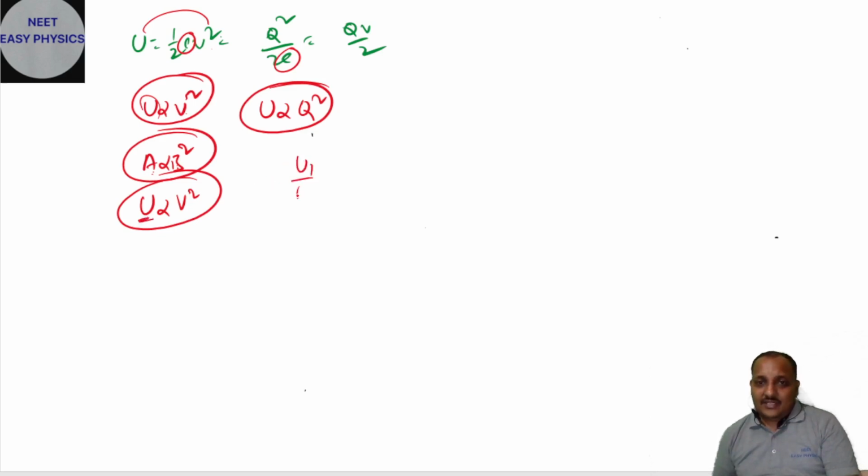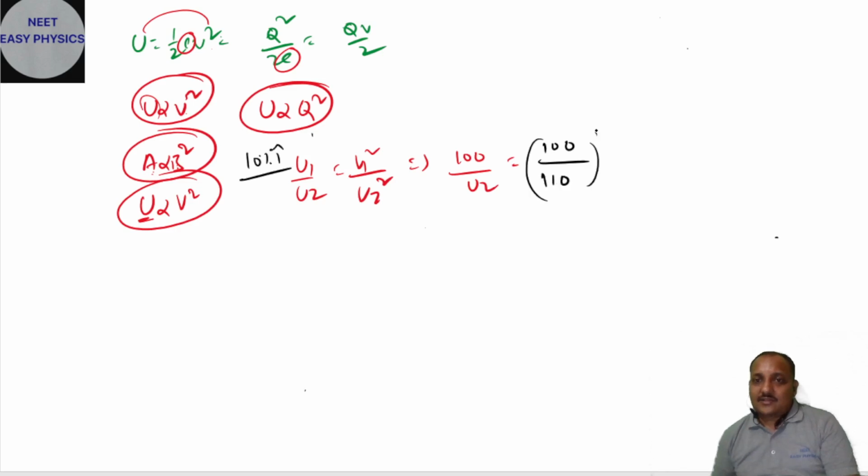So initial values we will take as 100. U1 by U2 is V1 square by V2 square. So U1 is 100, U2 we should calculate. V1 is 100. Now what is V2? If it is increasing 10%, V2 is 100 plus 10, that is 110.